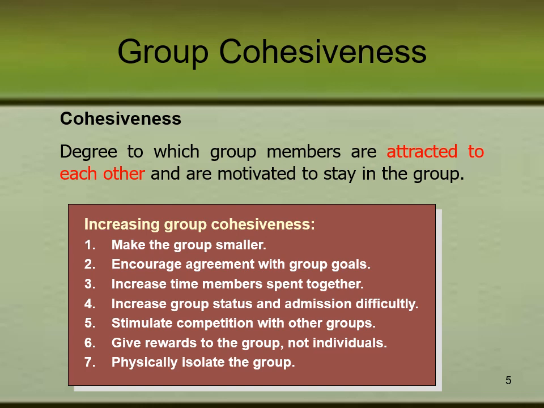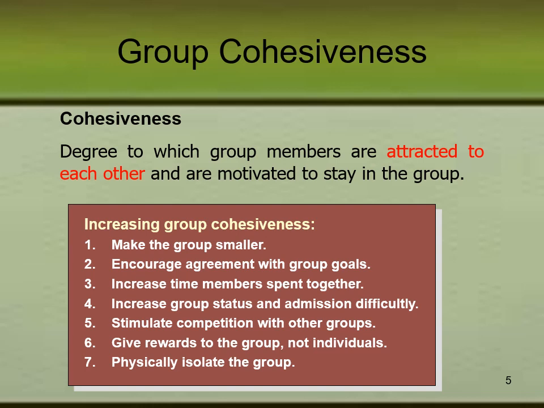The second way to increase cohesiveness is by encouraging agreement with group goal. So this point here means let the group members or encourage the group members to agree with the group goals. Okay, kita dapatkan persefahaman dan persetujuan group members ni dengan goal yang kita nak capai dalam group kita.